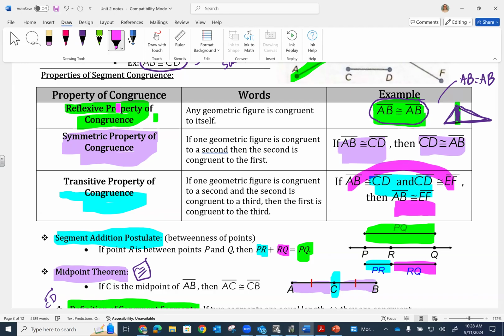AB is congruent to EF. You can hear the coupling of the two train cars, the ones in the middle. We're swapping out the middle, one whole side of the equation. So AB and CD are congruent and CD is congruent to EF, so therefore AB and EF are congruent to each other.